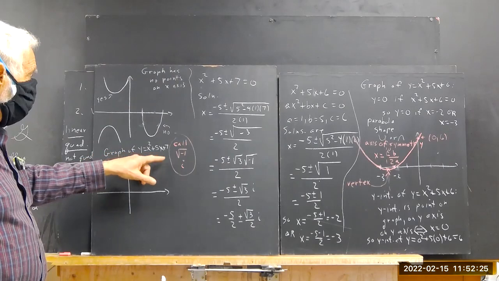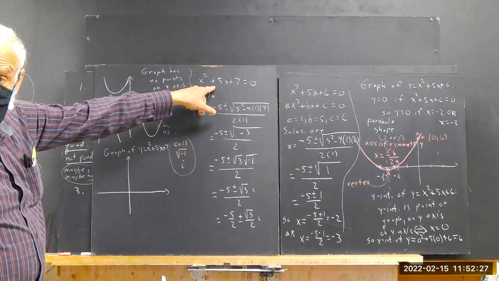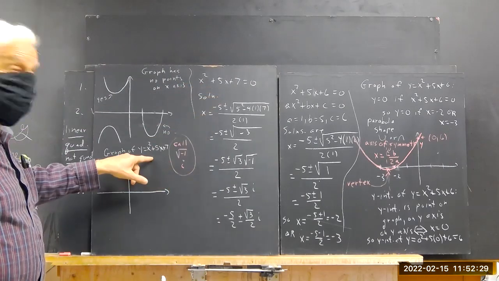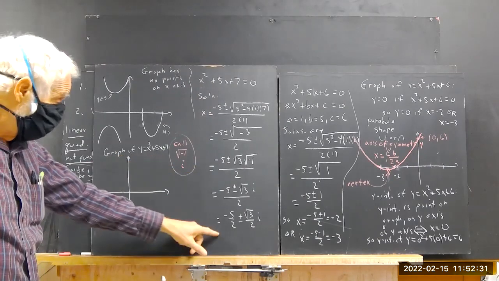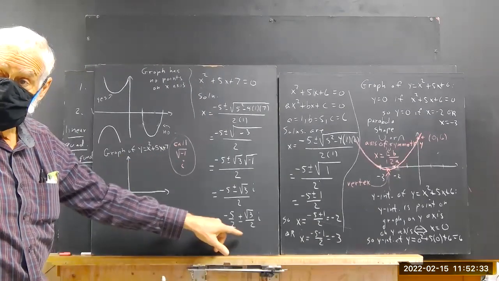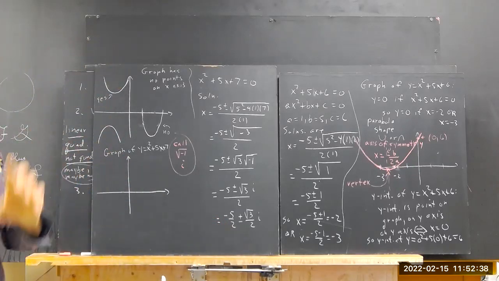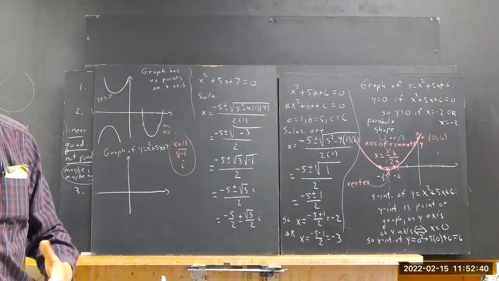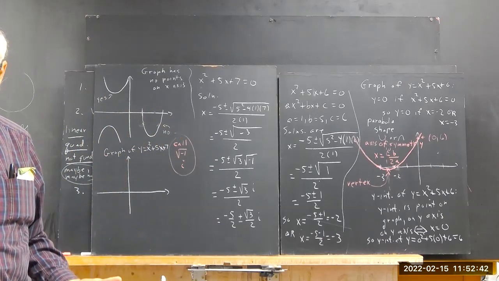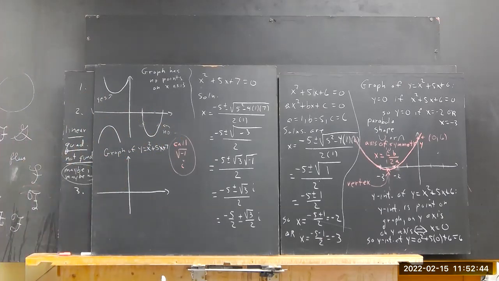If we substitute y equals 0, we get our quadratic equation, right? And this tells us that this graph doesn't go through the x-axis because you don't have a real solution. It's not a real number. So it's either above or below the x-axis. You'll be able to determine whether it's above or below by figuring out what the y-intercept is. So what is the y-intercept?